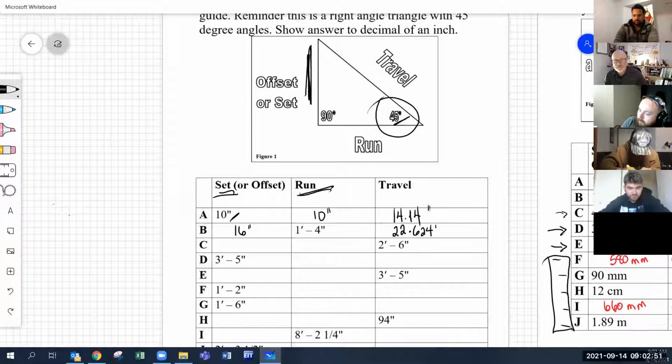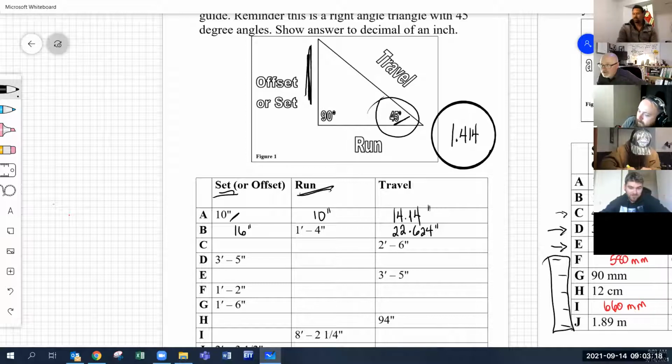22.624. No, 1.414 times longer. Remember this number. So if it's 16, wouldn't it be 17? 16 times 1.414.